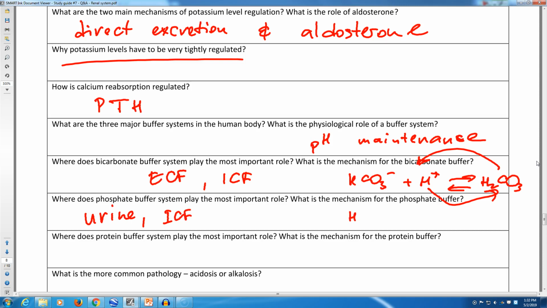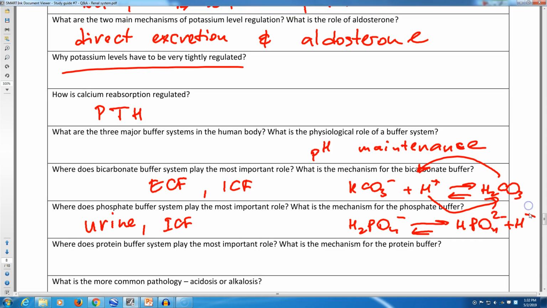The mechanism: same story. Too much acid this way, not enough acid this way.